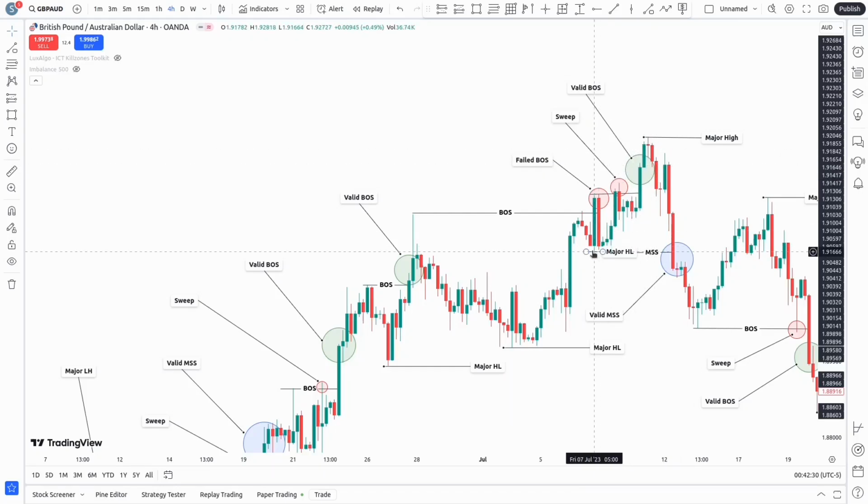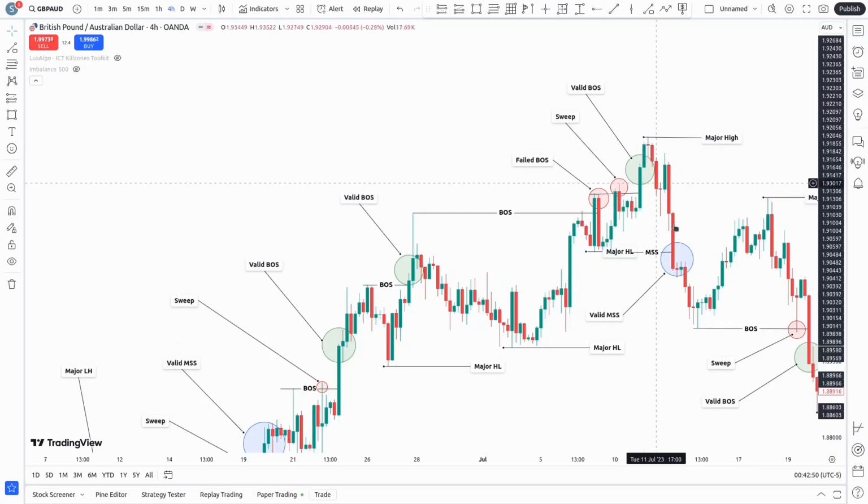Then this low is where we say the move originated from. This becomes a major low that price has to break for us to consider it a market structure shift. This becomes a major high that price will take for us to consider it a break of structure.